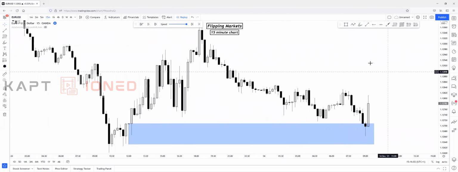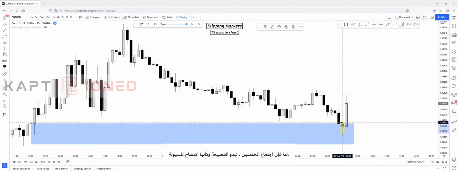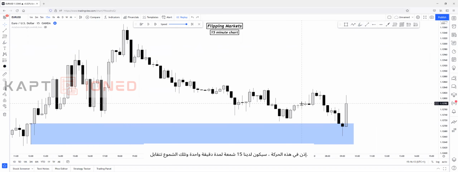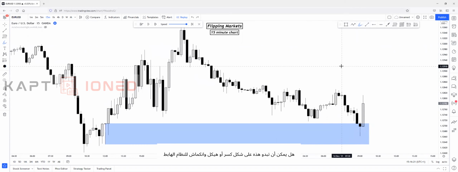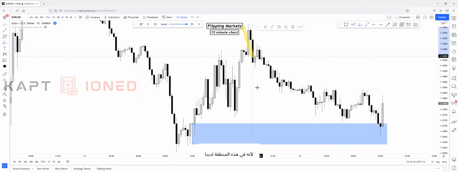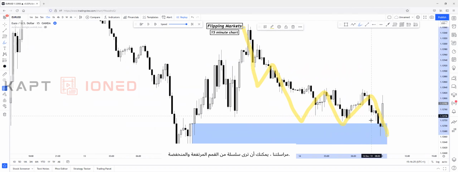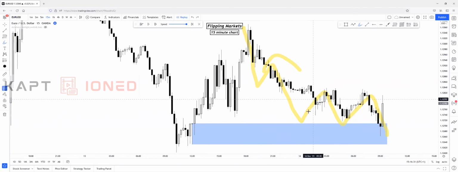Okay. So on the 15-minute, this candle just looks like a liquidity sweep. It opened exactly at 9, and the next candle opened at 9:15. So on this movement, we will have 15 1-minute candles, and those 1-minute candles will look like a break of structure and a continuation of the bearish order flow, because in this region we have a bearish order flow, as you can see, a series of lower highs and lower lows.